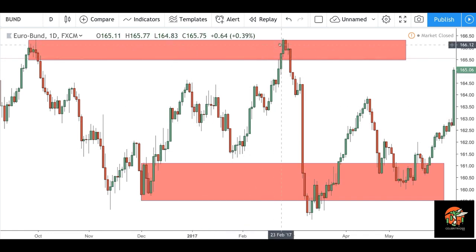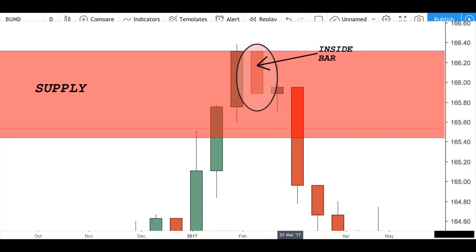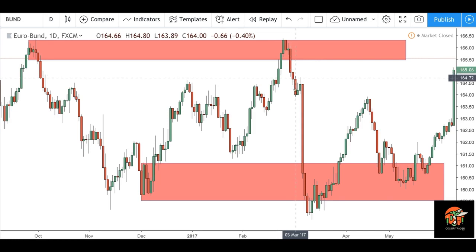Then it retested the area again, and it went back up to the level of 166, where it formed another inside bar, and then you can see how strong the price action is just after the supply zone has been reached, and you have this very strong red candle followed by a couple more red candles, then a slight period of hesitation, and then an extremely strong bearish candle which reached the demand level.